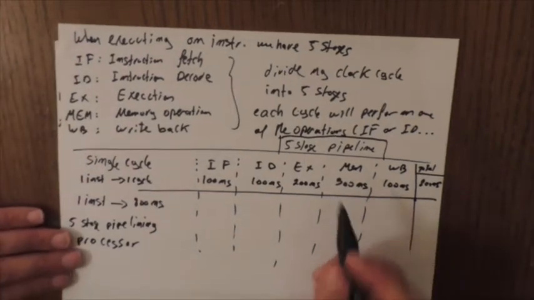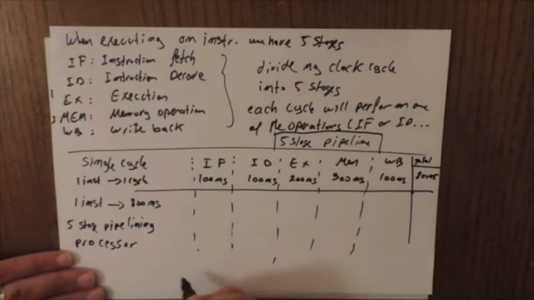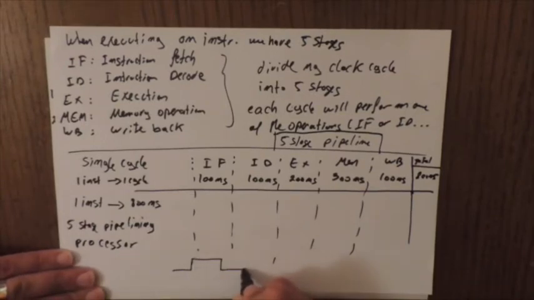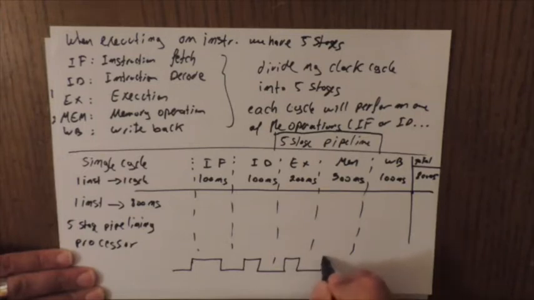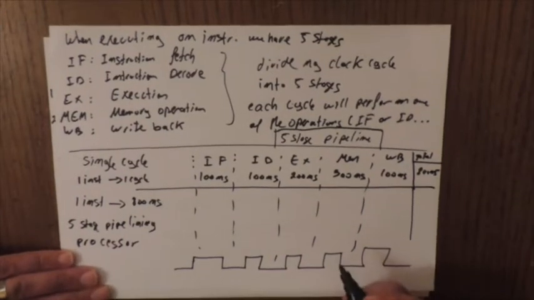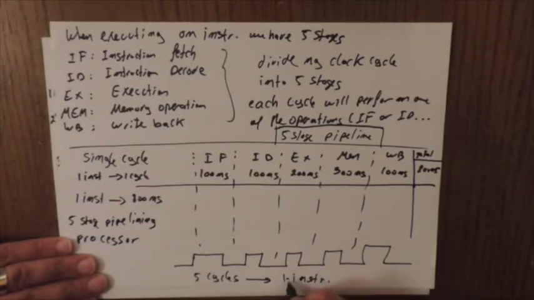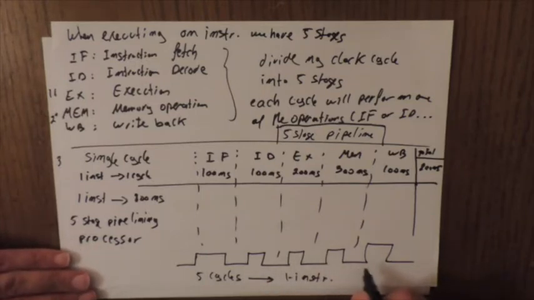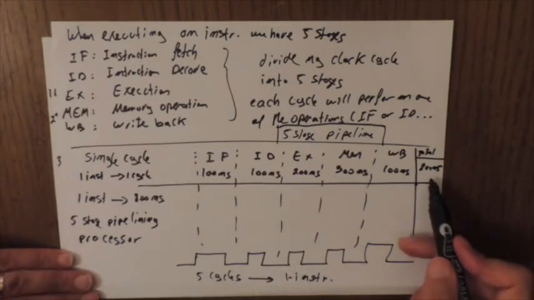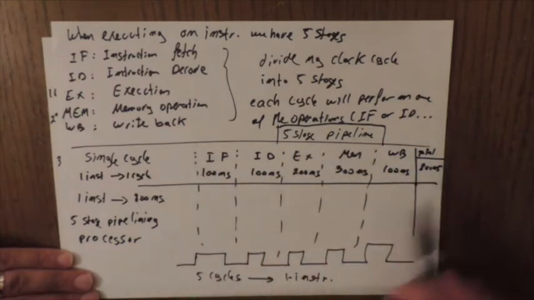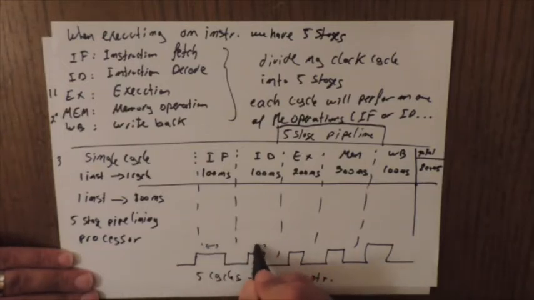Remember, in a 5-stage pipeline, I have 5 clock cycles to execute a single instruction. So 5 cycles execute 1 instruction. As you know, I cannot use different sizes for each clock cycle. In the previous one, in the single cycle, I just had 1 cycle. However, in the 5-stage pipelining processor, I have 5 cycles. Each cycle should be equal in length.